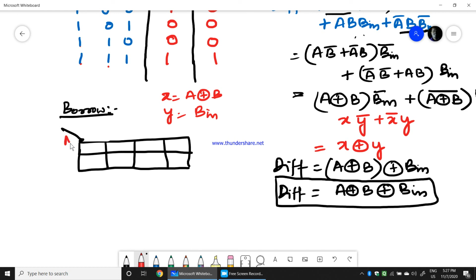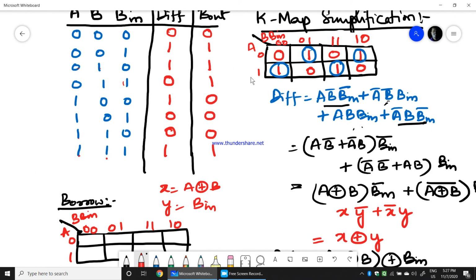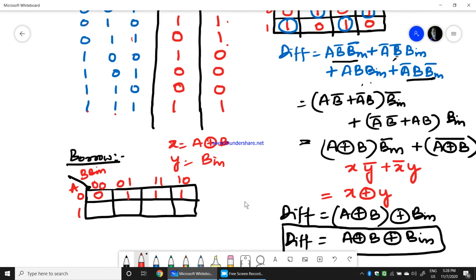So here this is A, this is B, B in, 0 1 0 0 0 1 1 1 1 0. So here borrow is 1 for 1, 2 and 3, whereas for 0 it is 0, and 0 for 4, 5 and 6, and it is 1 for 7.